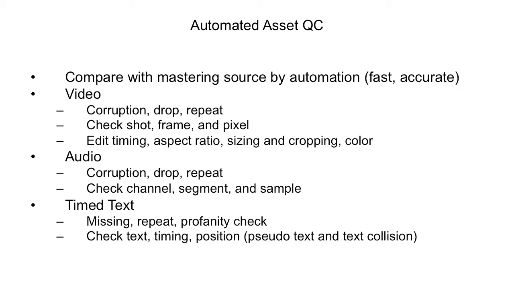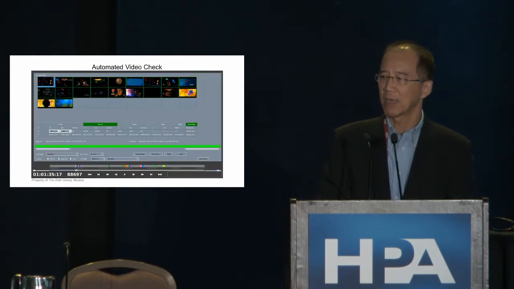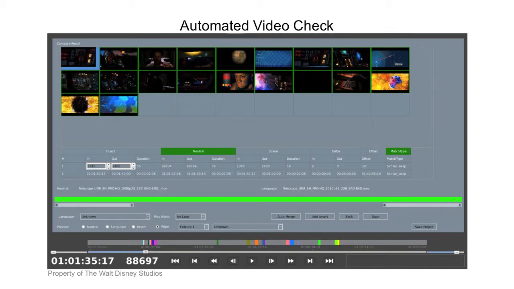This part, we can find out the corruptions and also if there is an editing error, composition error, or anything else. It will report the discrepancy. That includes the video, audio, and timed text. Here is an example. The system reports there is a video discrepancy.